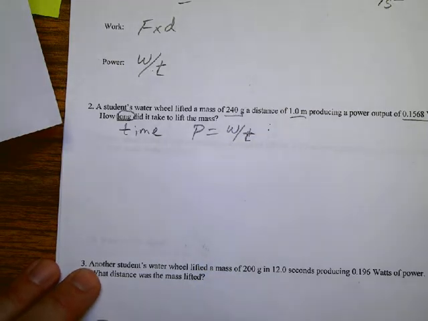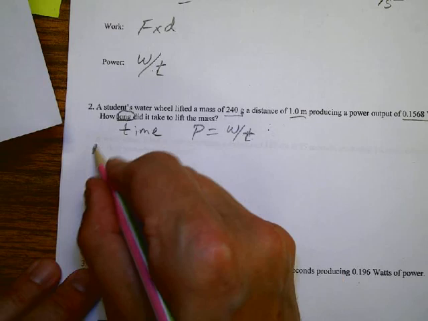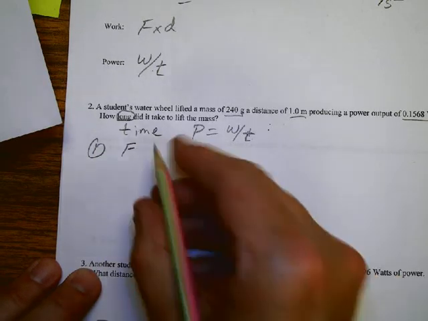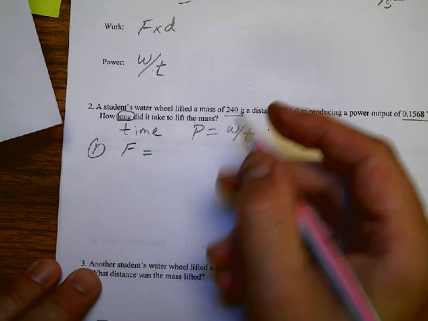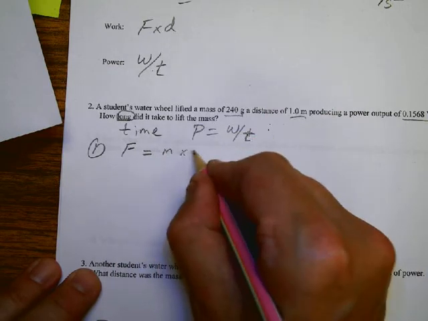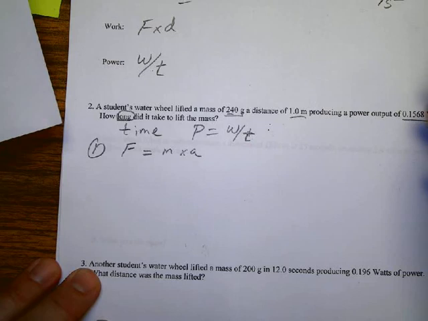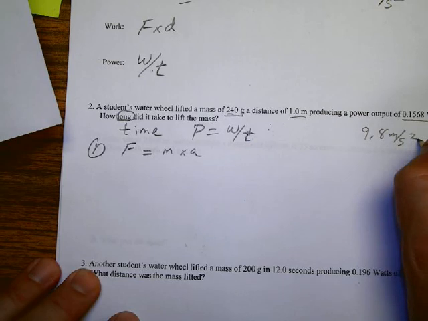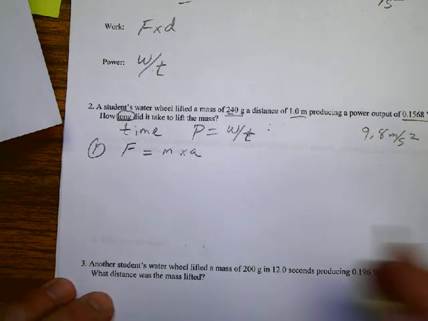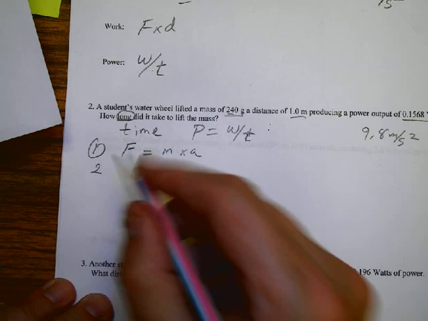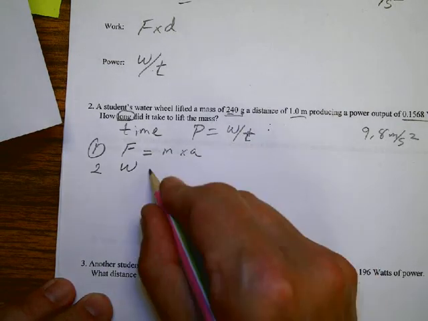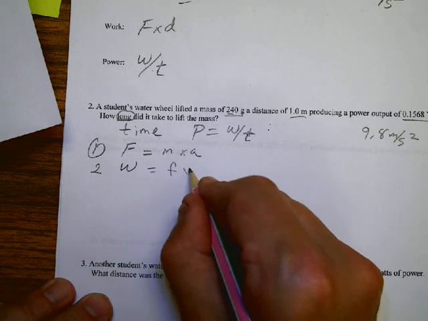So the first step in solving this is to find the force, which will be equal to the mass times the acceleration. You've got the mass there, and the acceleration of gravity, as always, is 9.8 meters per second squared. The second step will be to find the work. You find work from force times distance.